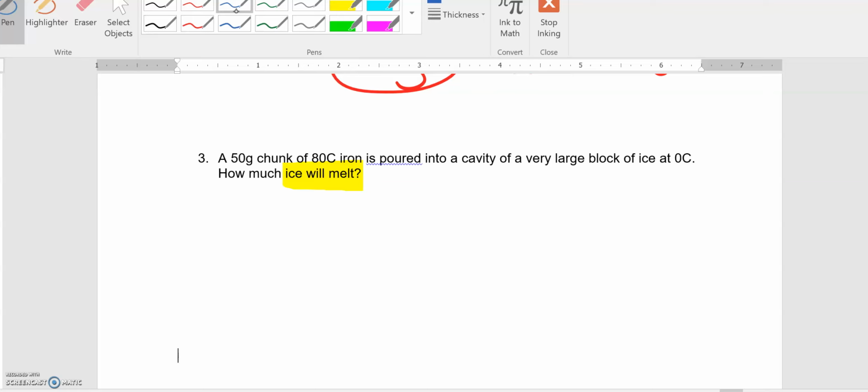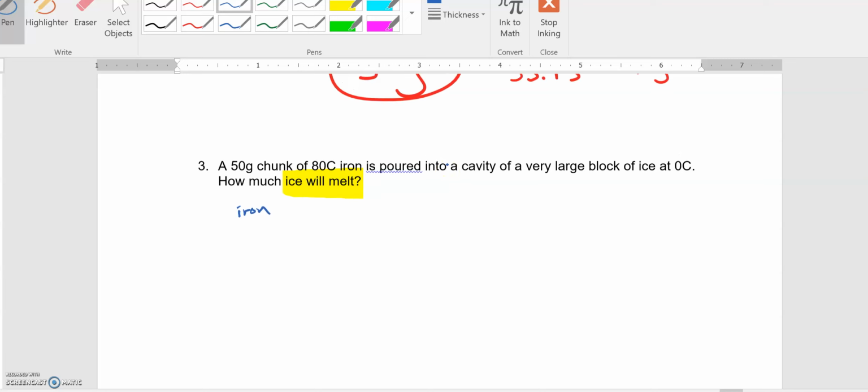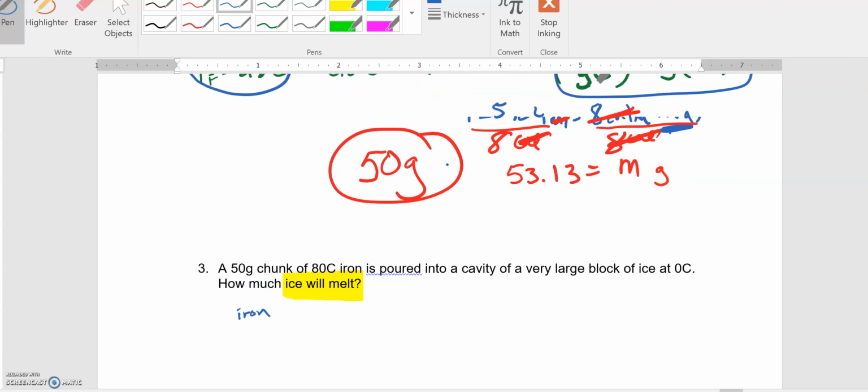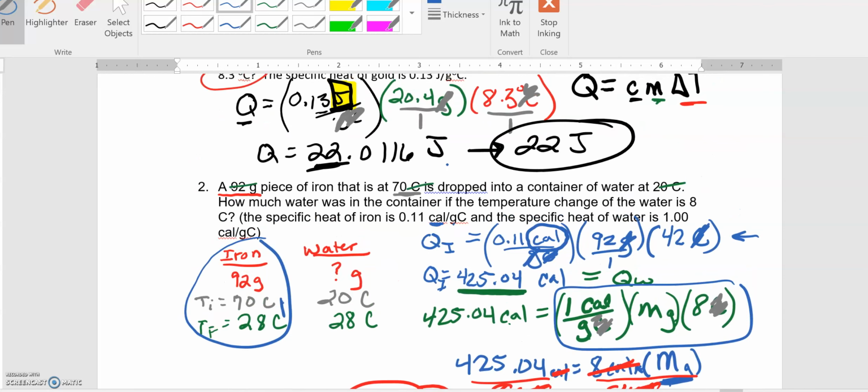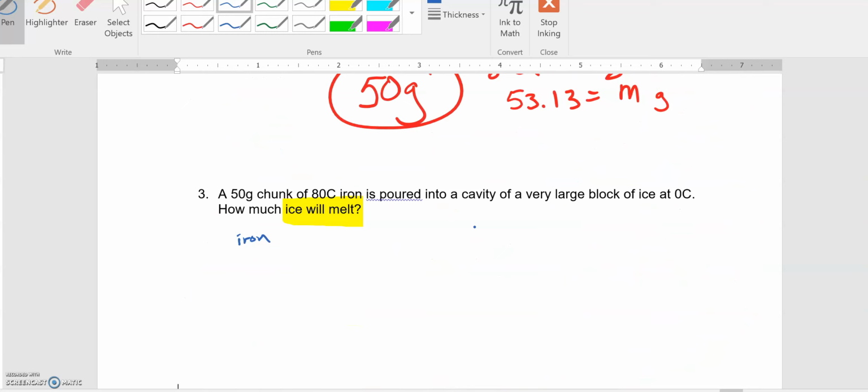But to start with, we're still going to be taking our 50-gram chunk of iron. So here's our iron. And I need to go back up. I believe the specific heat was 0.11. Yes, so iron is 0.11 calories per gram degree Celsius.